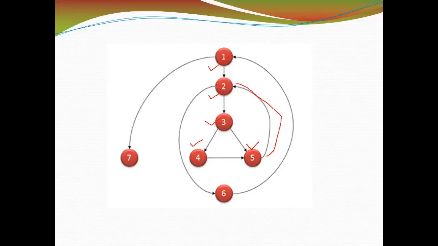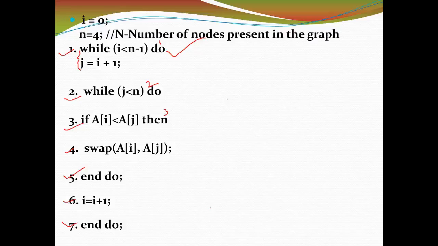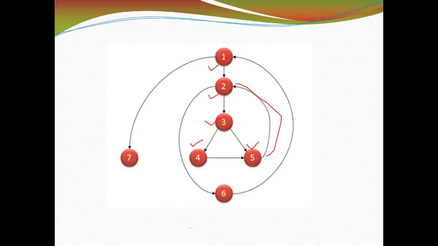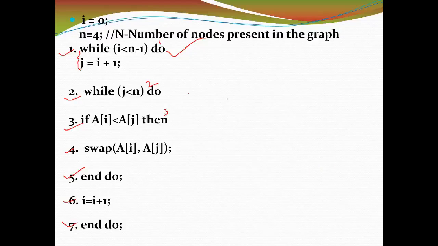Then if the second loop is false, directly it is going to come to statement 6. If the second loop is false, directly it is going to execute statement 6. Then from that it is going to go back to the first loop.